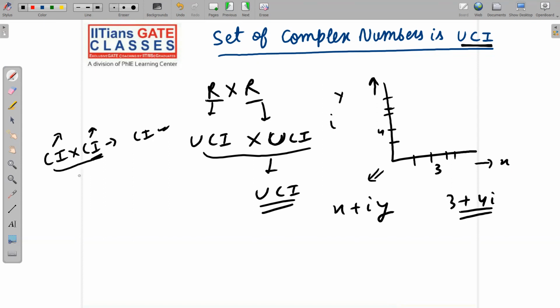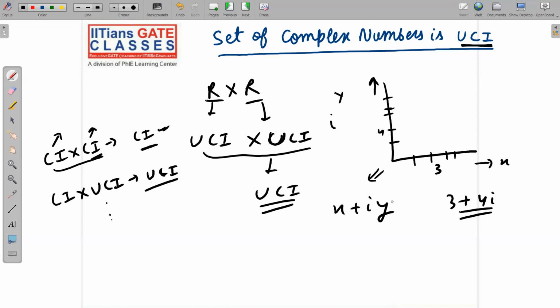So the total cardinality, roughly you can imagine, is 2 times infinity. Infinity is the same thing only, so we will be able to establish a one-to-one correspondence between them also. So countably infinite cross countably infinite, we will get countably infinite, but countably infinite cross uncountably infinite, obviously you will get uncountably infinite, and so on.